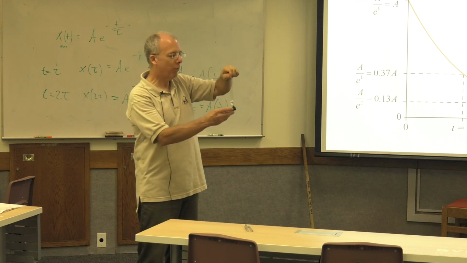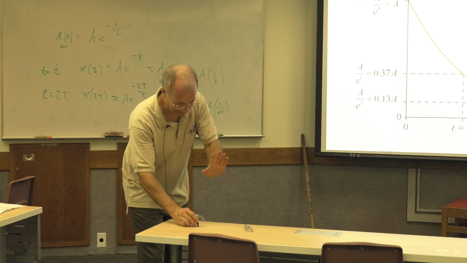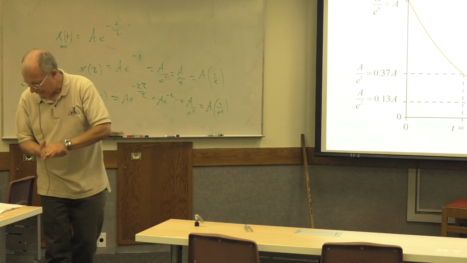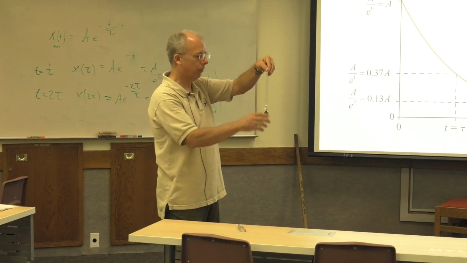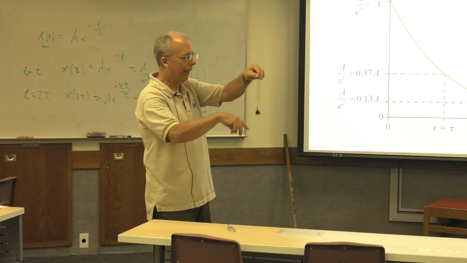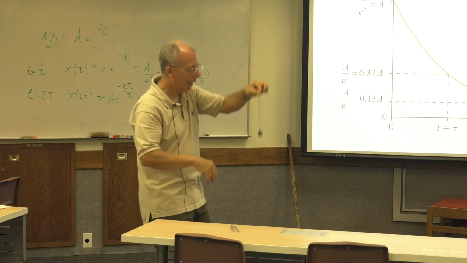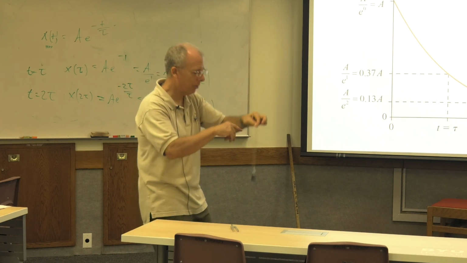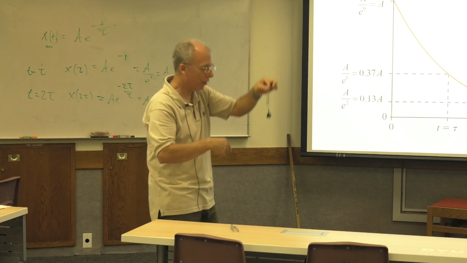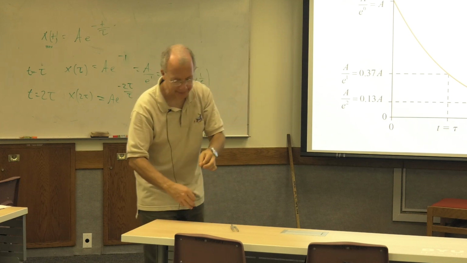So this is like the natural frequency of oscillation, and if I put a machine on it, I would call that the driven frequency, right? The frequency of the machine, or me, is the driven frequency, okay?